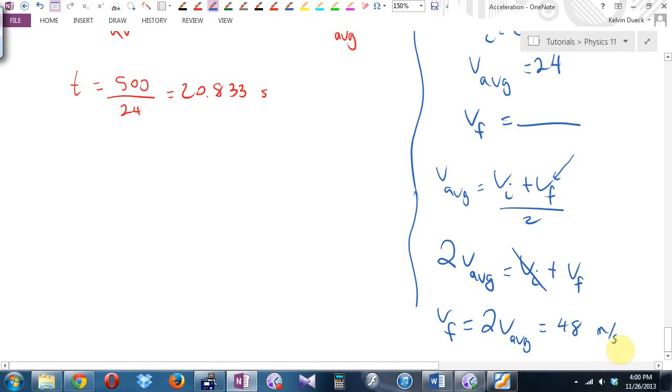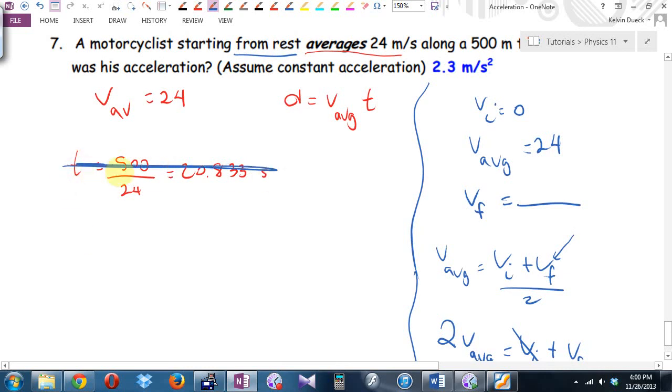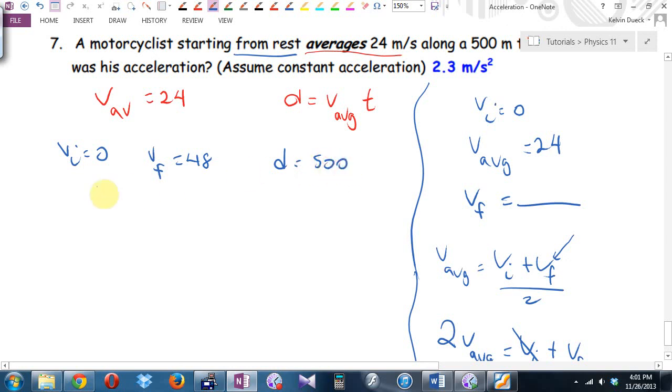Is that okay? So now, oh, I don't need this. I have V initial, V final, D. I'd like A. Is there an equation that has V initial, V final, D, and A in it? Yeah. VF squared equals VI squared plus 2AD. Let's get the A by itself. A is going to be VF squared take away VI squared divided by 2D.